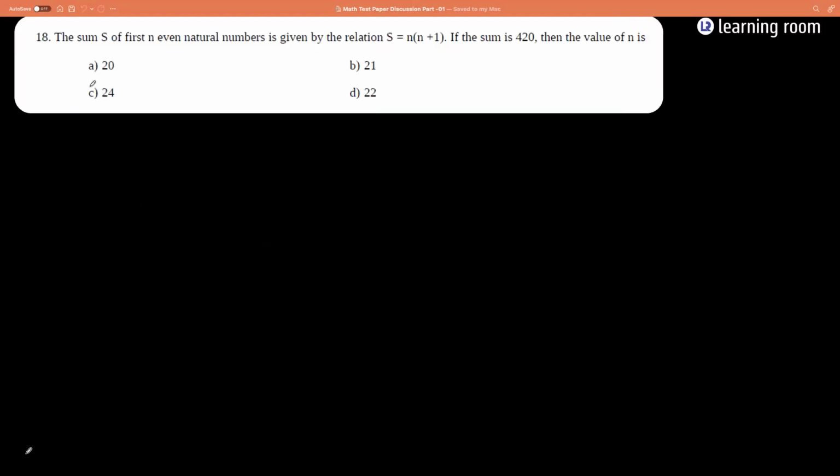Next. The sum S of the first n natural numbers is given by S is equal to n into n plus 1 by 2. If the sum is 420, then the value of n is, so n square plus n is equal to 420. So n square plus n minus 420 is equal to 0. So what are the factors, guys?